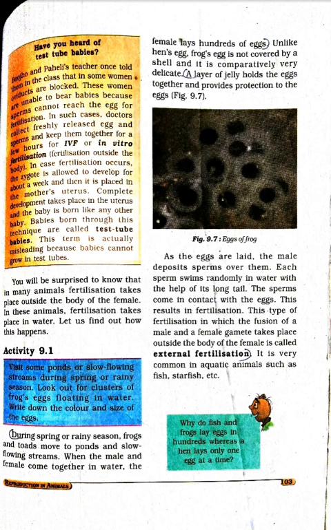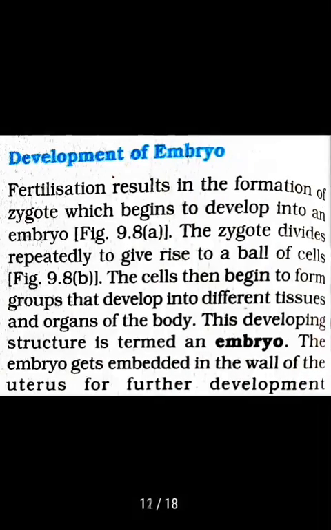So now we can see how an embryo develops, the development of the embryo. The fertilization results in the formation of a zygote, which begins to develop into an embryo.